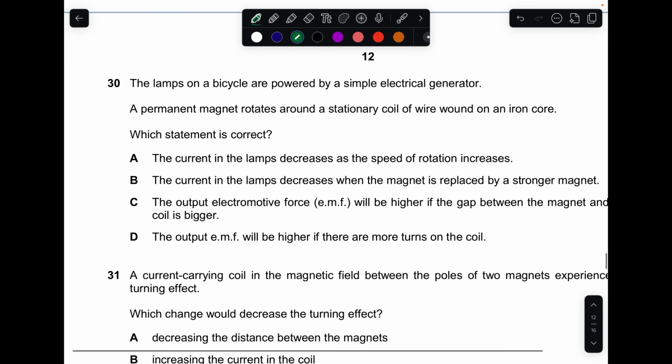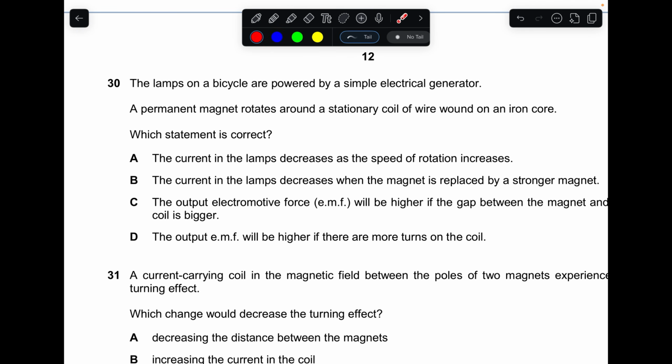In 30, the lamps on a bicycle are powered by a simple electrical generator. A permanent magnet rotates around a stationary coil of wire wound on an iron core. Which statement is correct? Okay, so let's read them one by one. In A, the current in the lamps decreases as the speed of the rotation increases. No. Current increases as the speed increases.